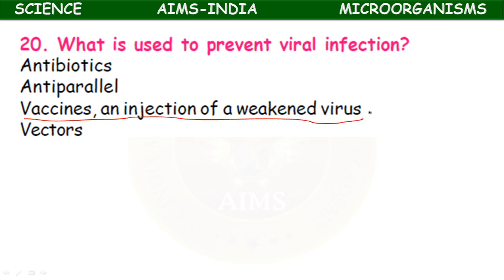So that is vaccination. For example, polio vaccine. Okay, MMR vaccine, mumps, measles, rubella, MMR vaccine. Okay, so like that, vaccination can prevent disease. A triple antigen is also a vaccine.